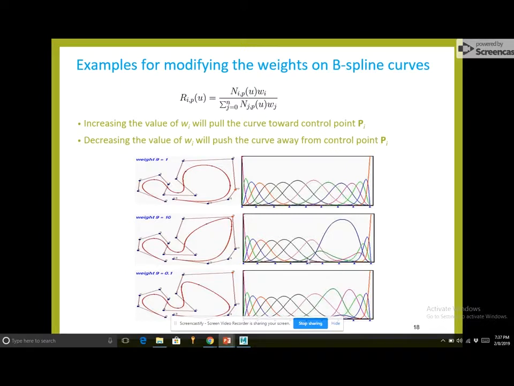So we can see the basis function here is so big, the curve is so big. Practically we don't have this much weight, only in a rare case will we have such big weights. And in this case the weight is very small, it's 0.1, and the curve is very small here.